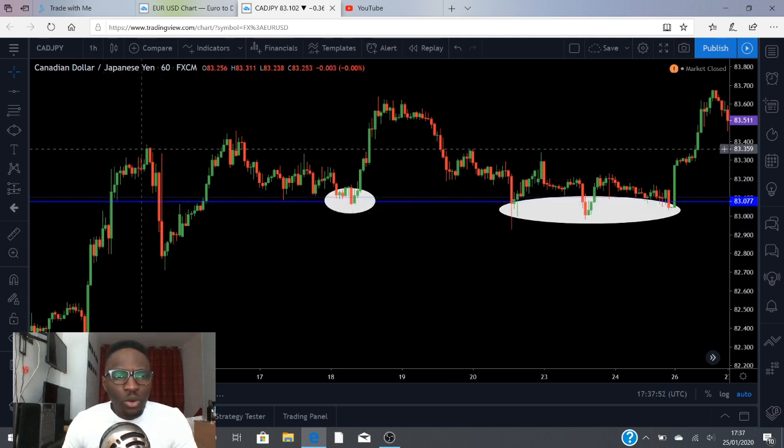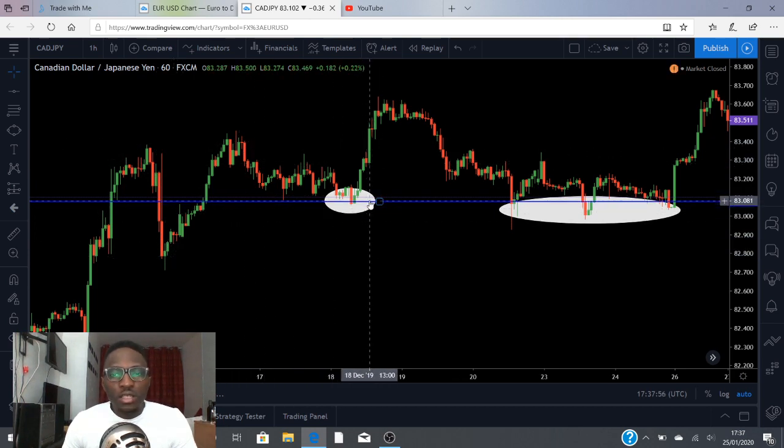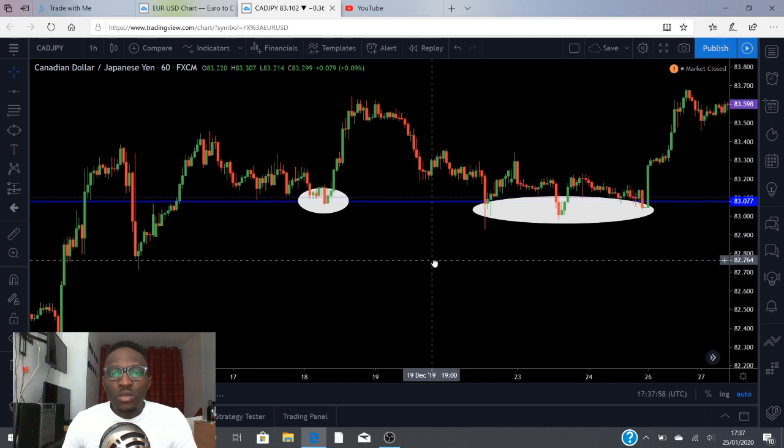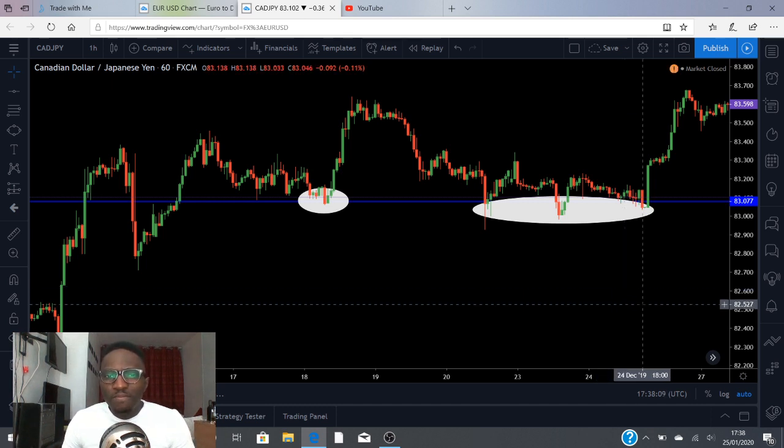So the market broke over, came back down, and then broke the line again, and then finally found support. So looking at this, we can see how many times the market has tested that level, so we can conclude that it is a strong support level. That gives us more confidence if we're going to go long on this market.